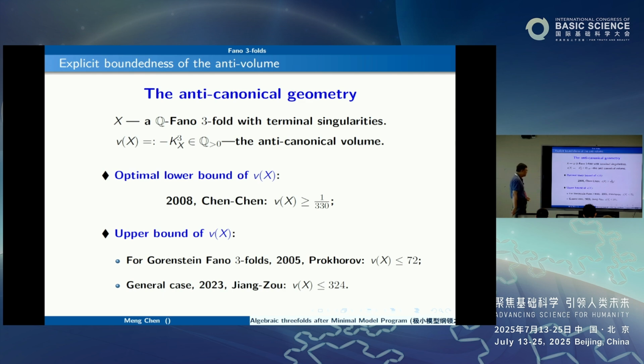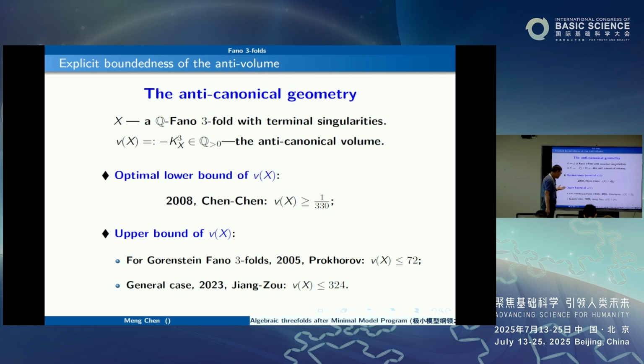That means if you consider a Q-Fano threefold with -K_X Cartier, then there is the upper bound. But in general, it has been a long time to know the effective upper bound.